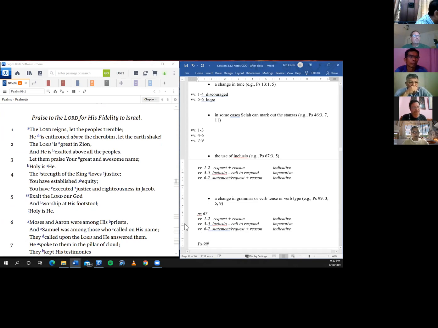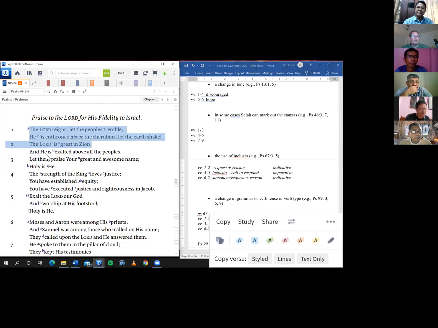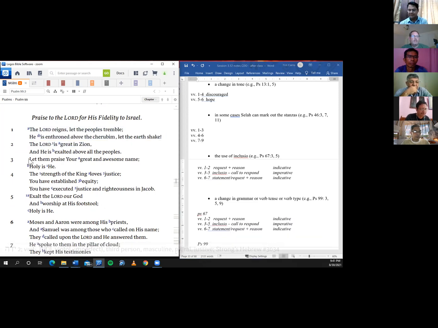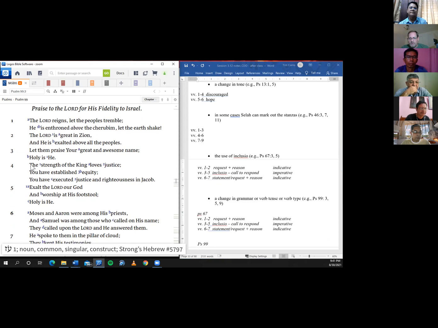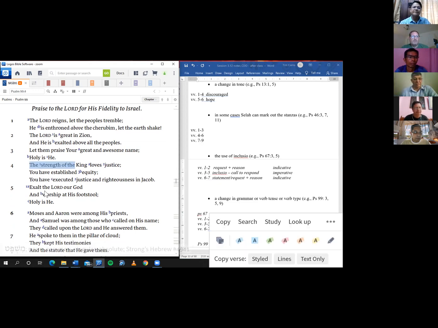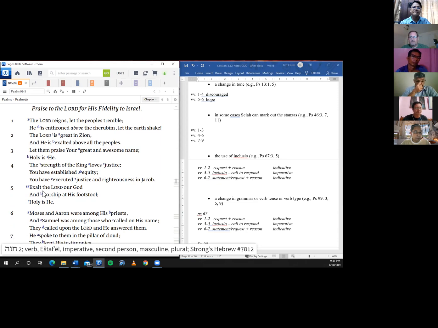Notice something here. A declaration: the Lord reigns, he's enthroned, the Lord is great. And then a command: let them praise your great and awesome name. Okay? Now verse 4, a declaration. The strength of the king loves justice. You've established equity. Verse 5, command.